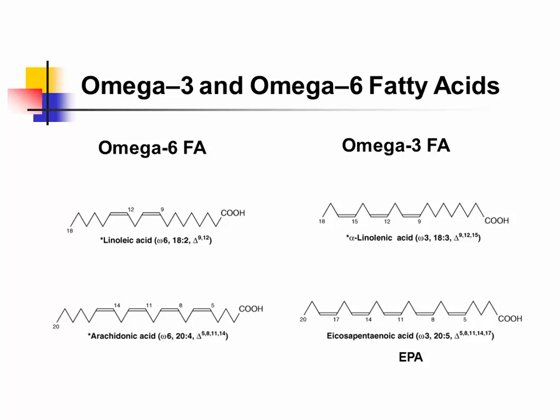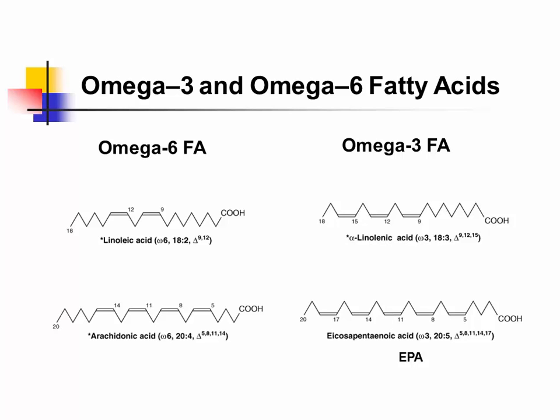Alpha-linolenic acid is an omega-3 fatty acid, with the first double bond at the 3 position. It has 3 double bonds and 18 carbons. Omega-6 fatty acid linoleic acid has its first double bond starting at carbon 6, with 2 double bonds and 18 carbons.